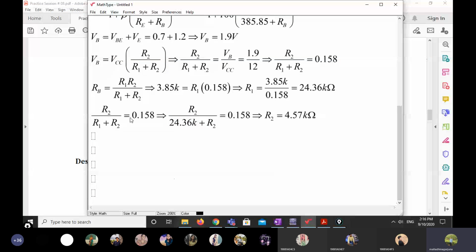Yes, sir. Okay. R2 is 4.57K. R1 is 24.36K. Fine. So R1, R2, RC, RE, so 4 resistors are completed. Okay. Next, step 4.